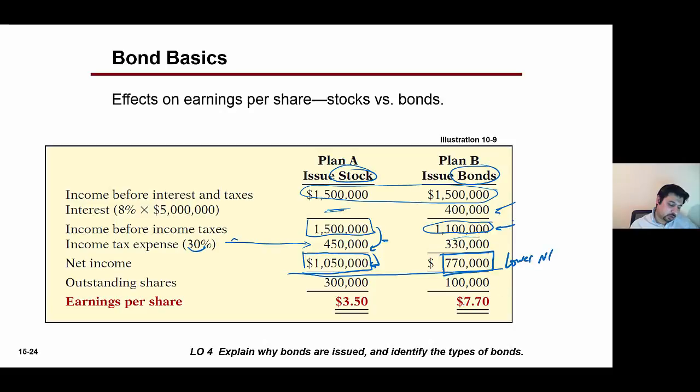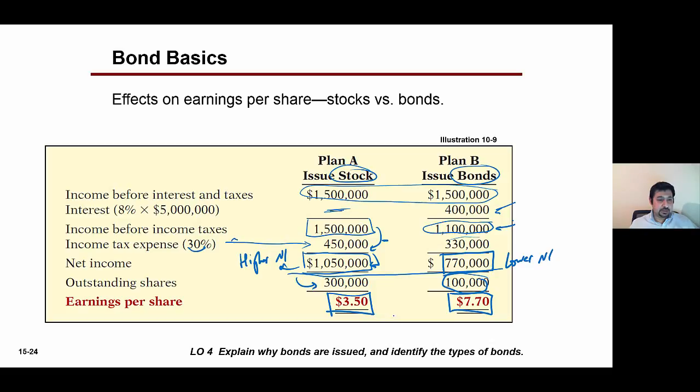But this lower net income is divided by 100,000 shares, compared to the higher net income, which is divided by 300,000 shares. So in this case, earnings per share would be 3.5 compared to 7.7.